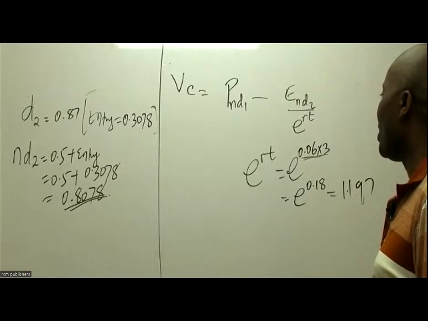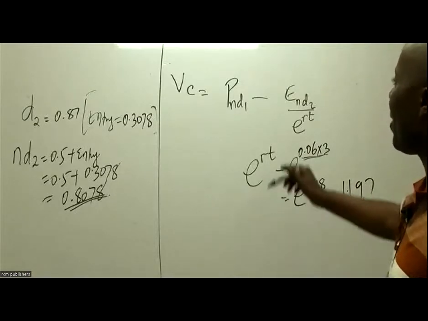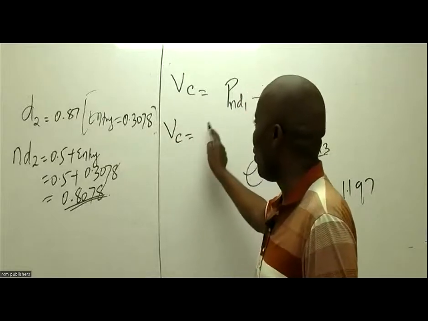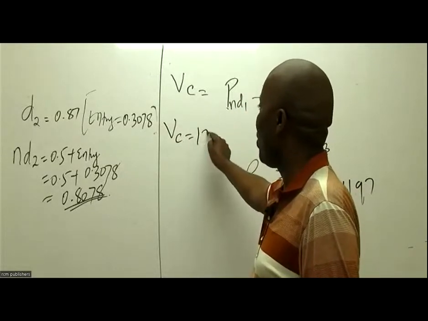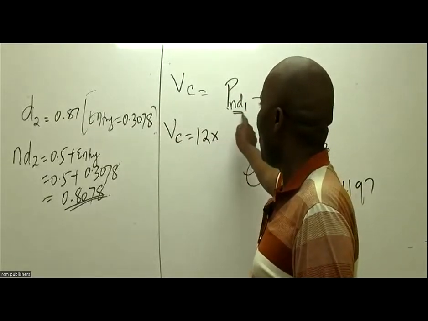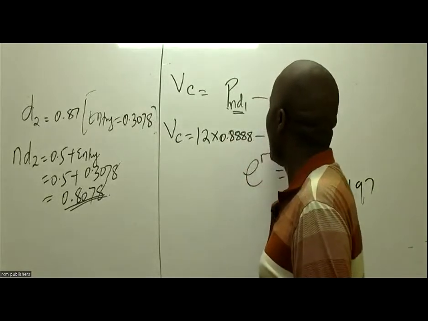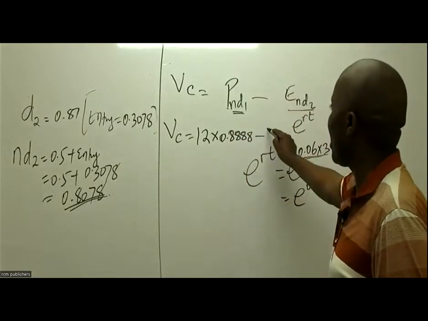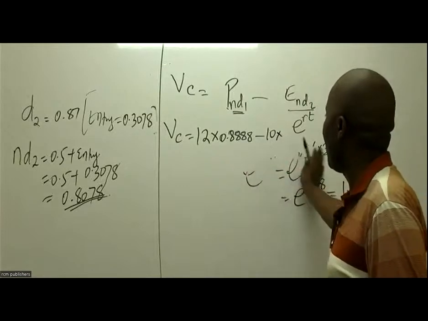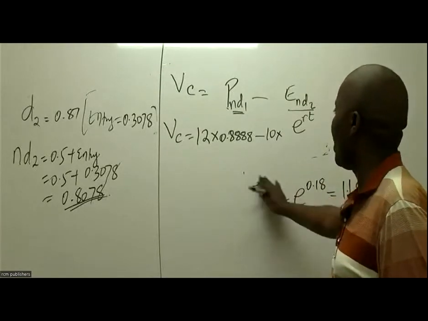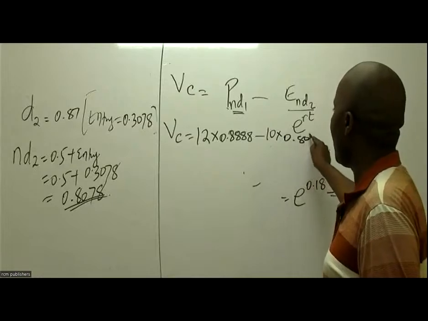That is e raised to rt. So come and plug in here. So value of a call will be equal to P. P, we got this as 12. N(d1), if I remember very well, was the one that had many 8s like that. Exercise price was 10. Multiply this by N(d2), I can see it somewhere there. It is 0.8078.